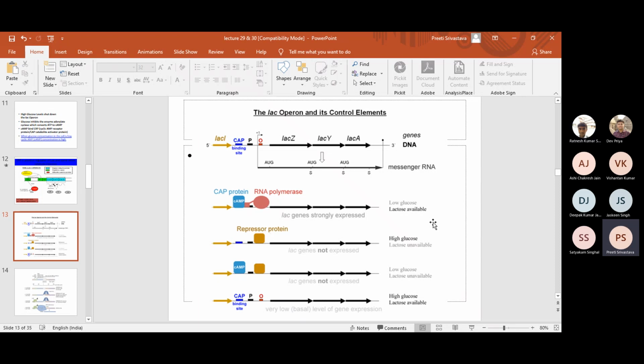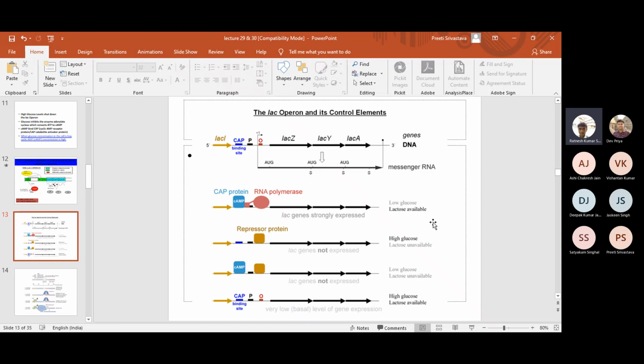In case number 3, when you have low glucose and lactose is not there, even though you have low glucose, that means you can have high cyclic AMP, but because lactose is not there, roadblock is there. Because the repressor protein can bind, because of this roadblock, lac genes will not be expressed, even though the glucose is low.